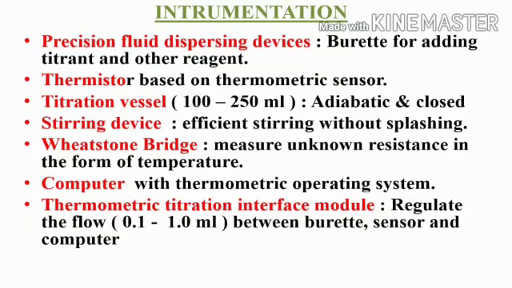The assembly also consists of a Wheatstone bridge. It measures the unknown resistance in the form of temperature. The important component in the assembly is a computer with thermometric operating system. A thermometric interface module regulates the flow between burette, sensor and computer.